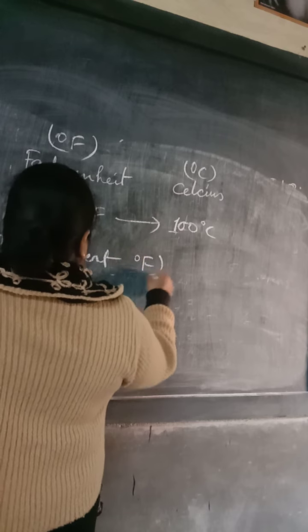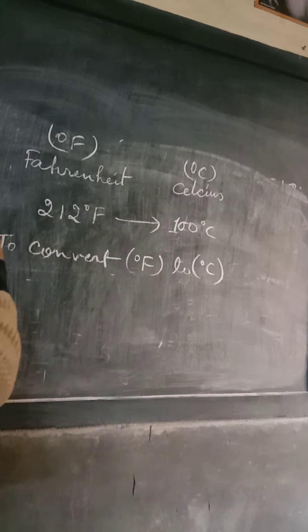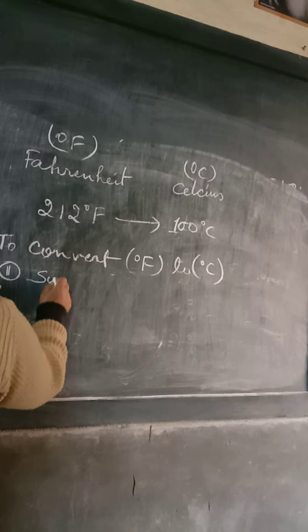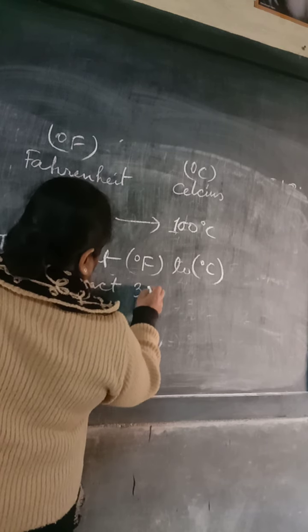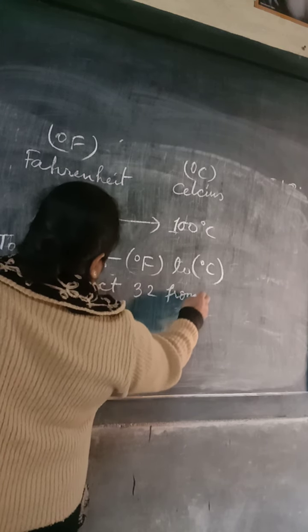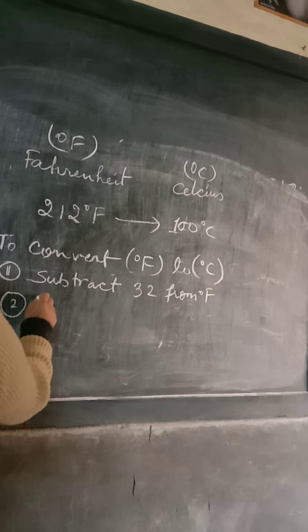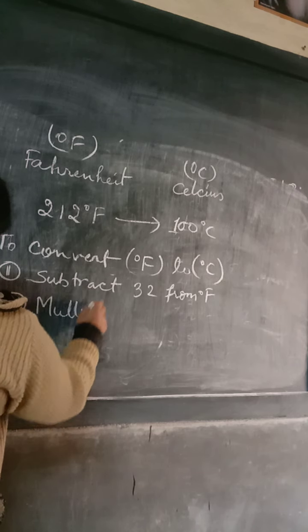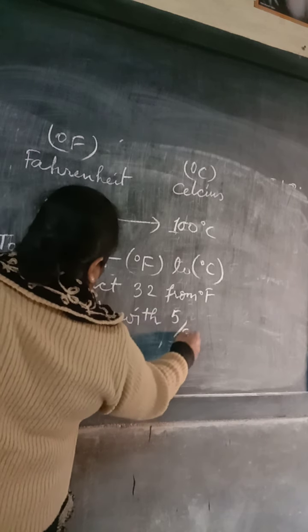Fahrenheit degree F to degree C, we have to use two steps. Step 1 is subtract 32 from degree Fahrenheit, and step 2 is multiply with 5 by 9.